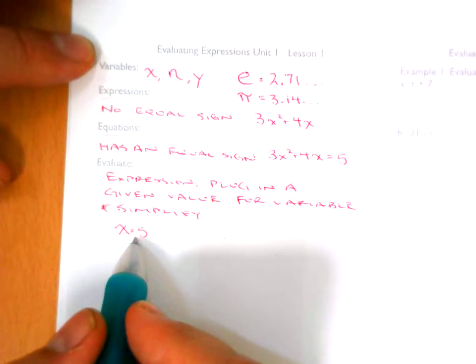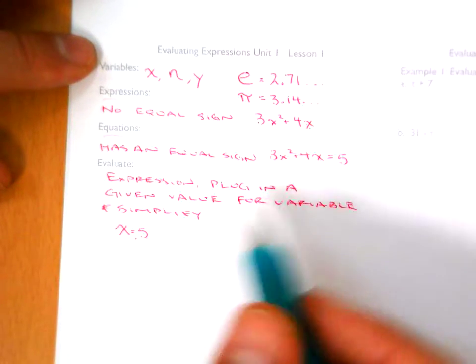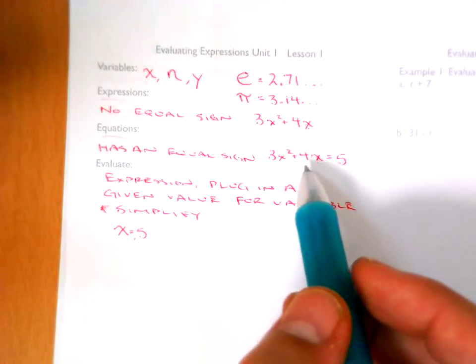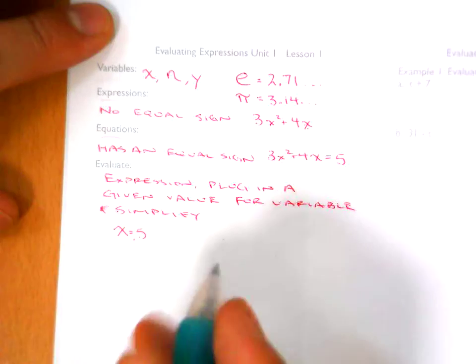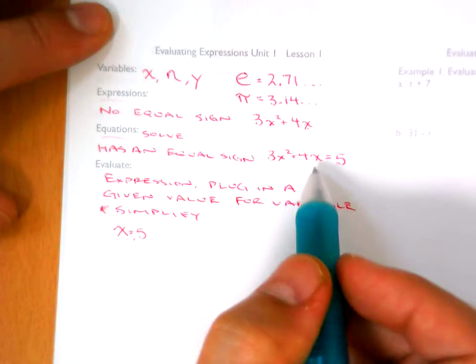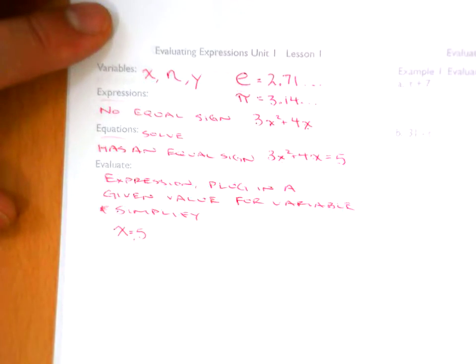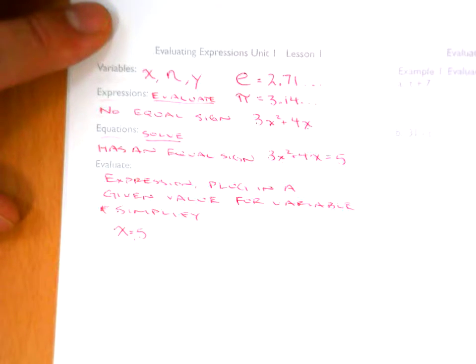Well, that means that we're going to plug in 5 wherever we see the x in here, and then we're going to simplify as much as we can until we just have maybe one number at the end. An equation, you can see that wouldn't work. If I plug in 5 here, it may or may not equal 5, and that's why we don't evaluate equations. We actually solve equations to determine which value for x makes this equal to 5, and sometimes more than one value. But that's solving equations. We evaluate or simplify expressions.